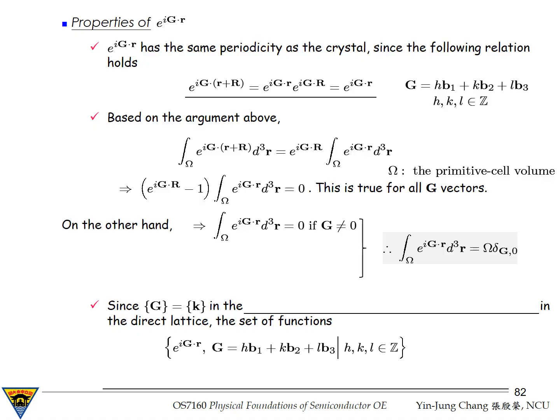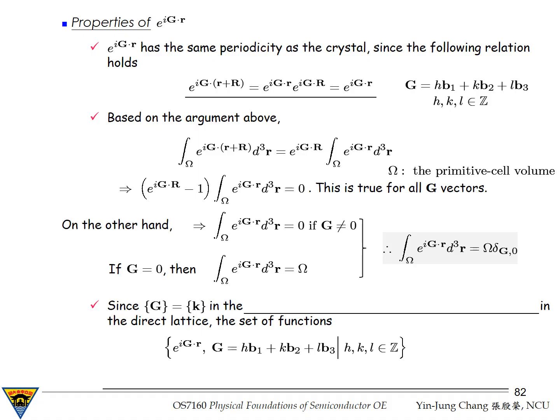On the other hand, if g equals 0, then the exponential is simply equal to 1. So the integral over the primitive cell is just the primitive cell volume, which is denoted by capital omega. This result says that the average of the plane wave e^(ig·r) over one primitive cell vanishes unless it is the constant function.